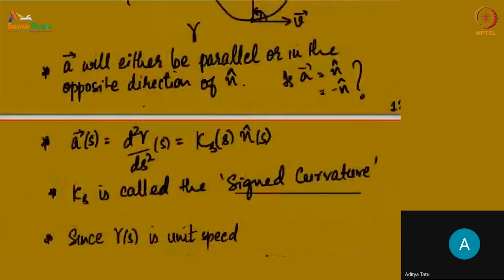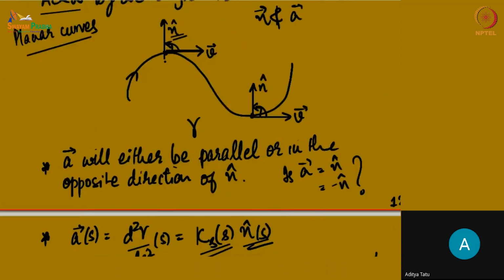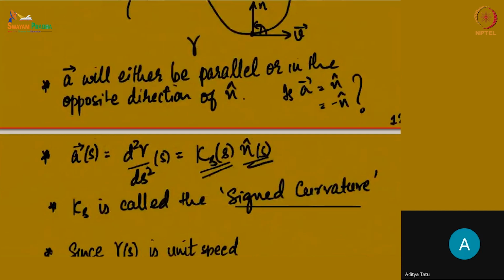So then, in either case, I can say that the acceleration vector is equal to some scalar times the unit normal. And because we are now allowing this possibility that A can be in the opposite direction of n cap, this scalar or this number that we are now calling kappa s, it can be both positive as well as negative.